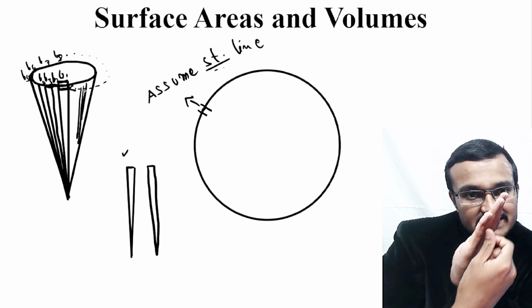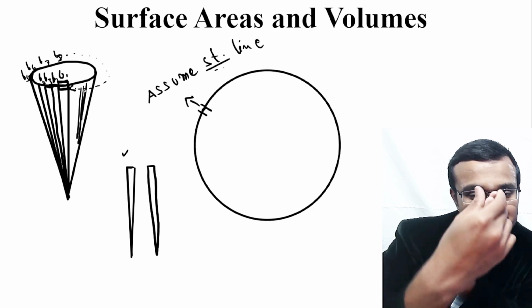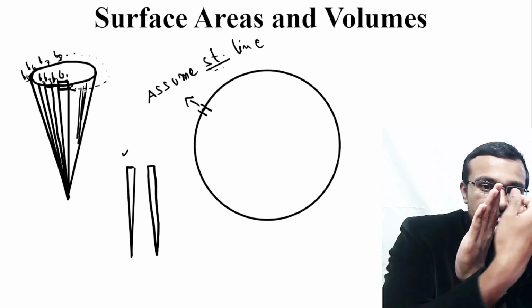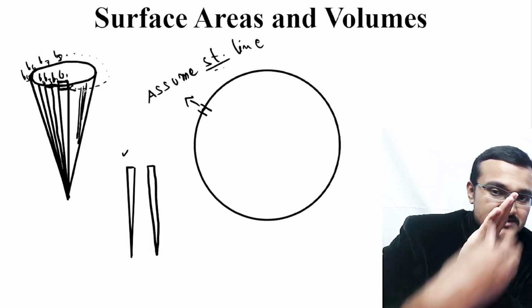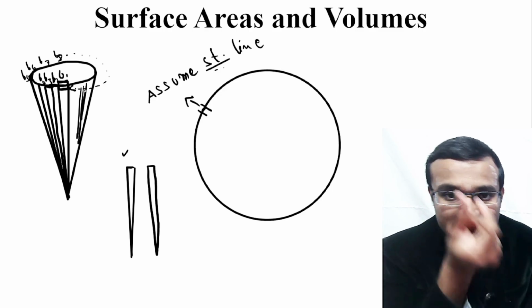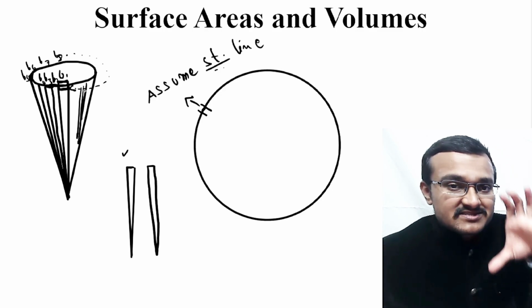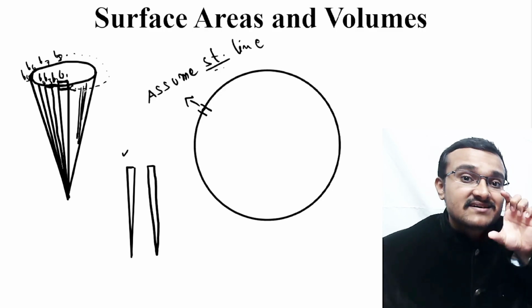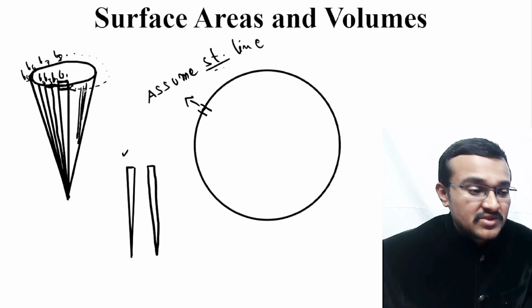Because I'm considering that triangle, the triangle is getting formed like this. If this is a cone, triangles are forming on this slant height. Because triangles are forming on the slant height of the cone, I'm considering the slant height as the height of those small triangles.